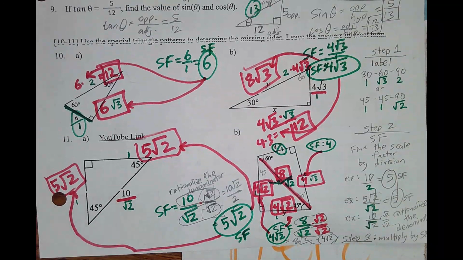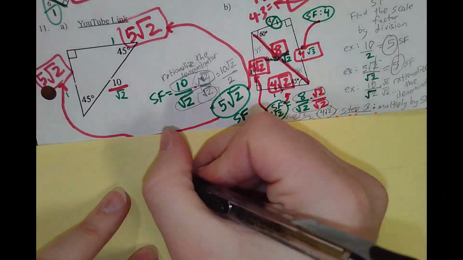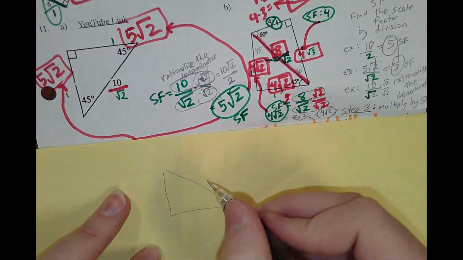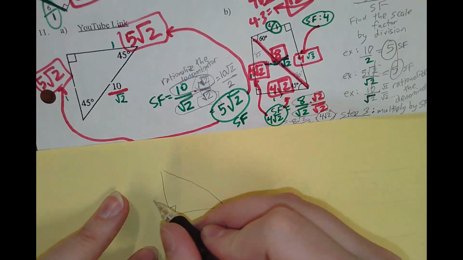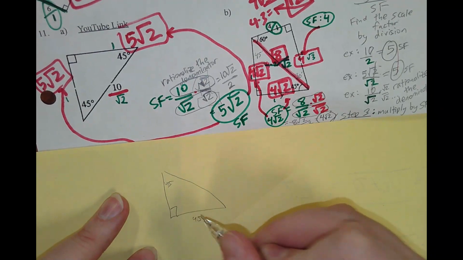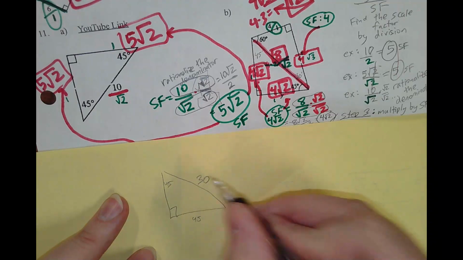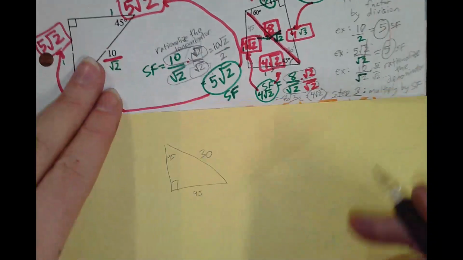Now a little bit of a trick for those of you who are sticking around for the video. Here's the trick. If this is an even number for a 45, 45, 90, let's say it's like 30. Well, what happened here?